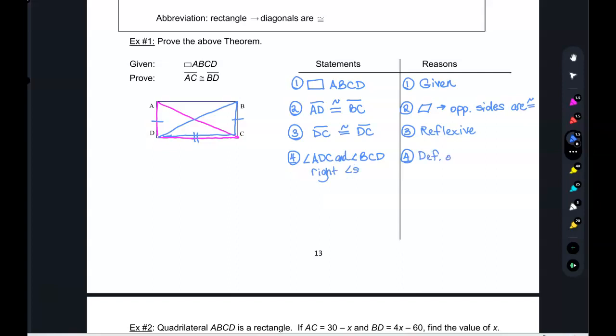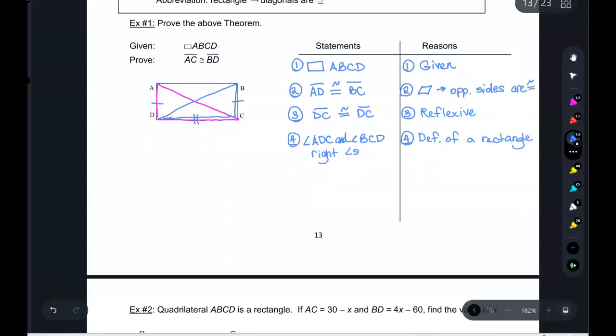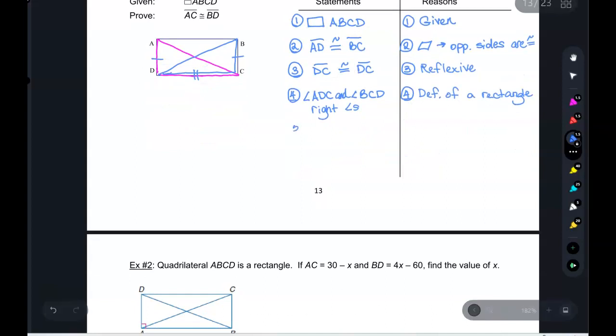That is the definition of a rectangle. Now that they're right angles, we can say they're congruent because all right angles are congruent.